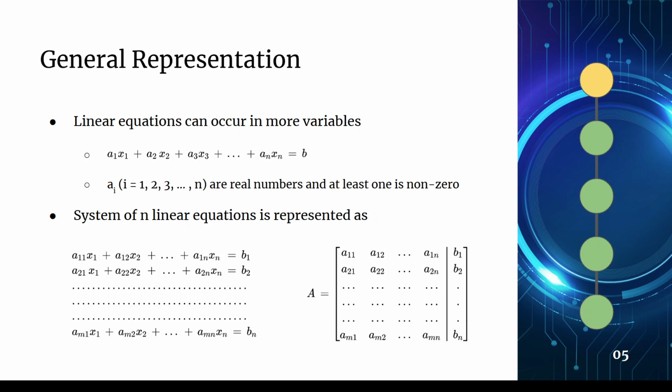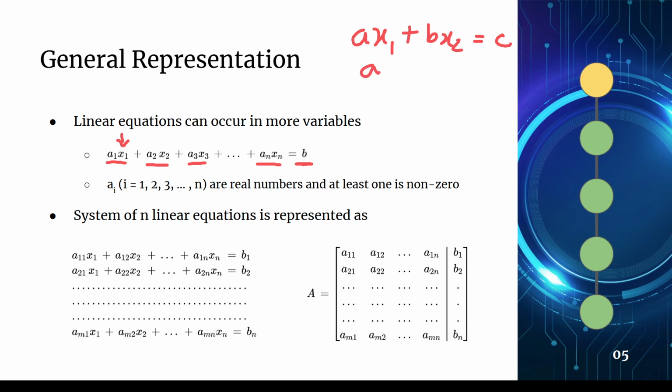Over here we are trying to show that you can express it in an n dimensional space, starting off with x1. The x subscripts are the dimensions: a1 x1, a2 x2, a3 x3, and it goes on till an xn, and we have a variable b. If we recall correctly, we can say ax1 plus bx2 equals c, x plus by equals c.